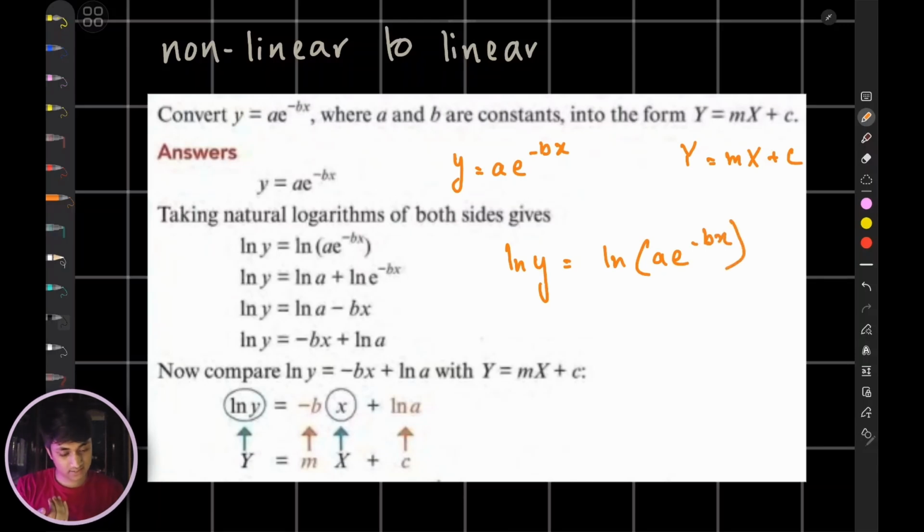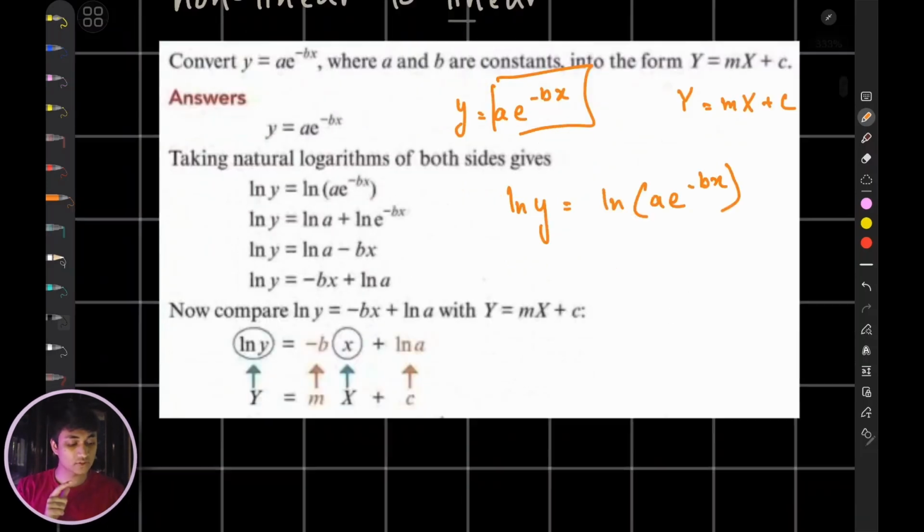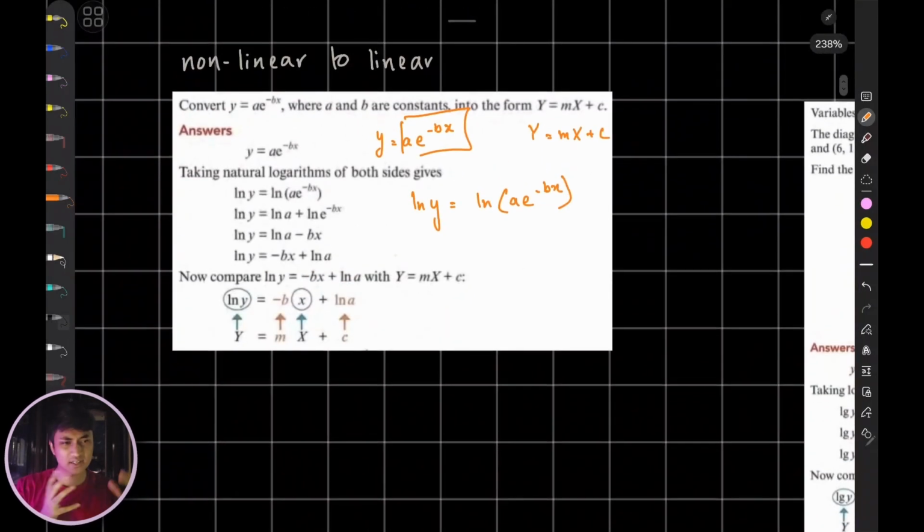So on the left hand side, I'm taking the entire term and saying ln y. On the right hand side, I'm saying ln of a times e to the power minus bx.